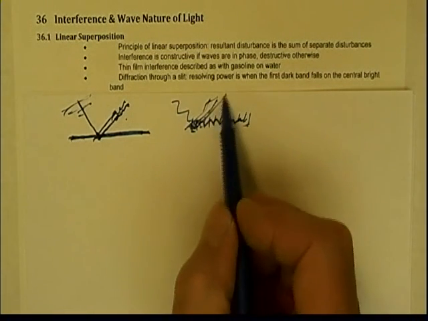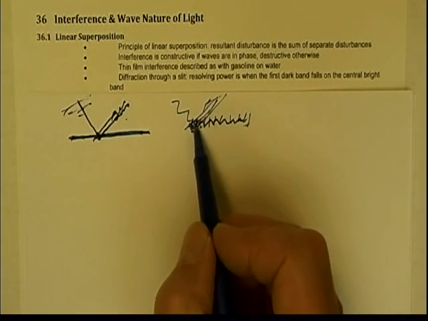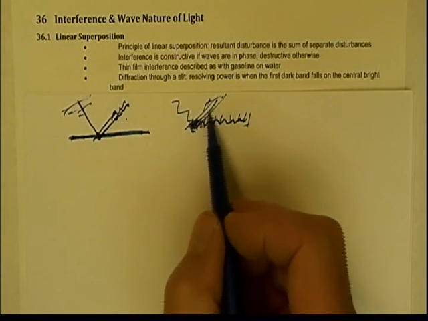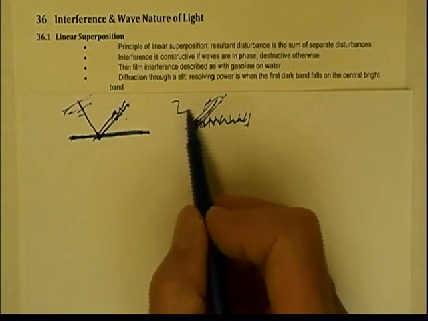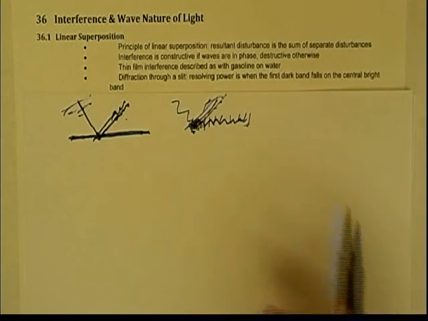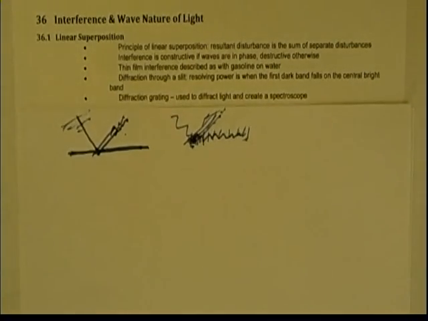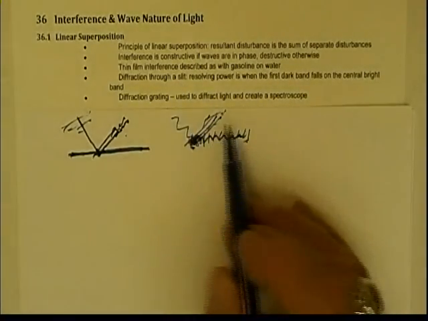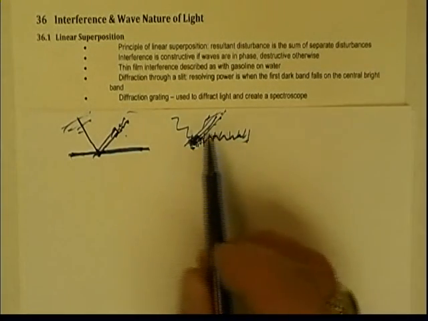And therefore, when the light goes up here, it will have different constructive and destructive components depending upon where the light hit with respect to the central part. We'll cover that also, the diffraction through a slit and diffraction gratings.